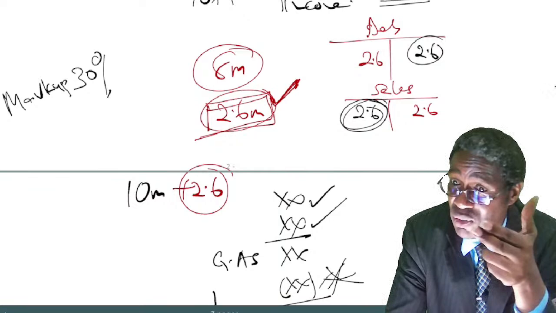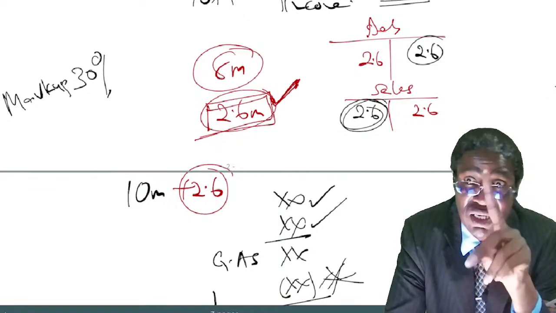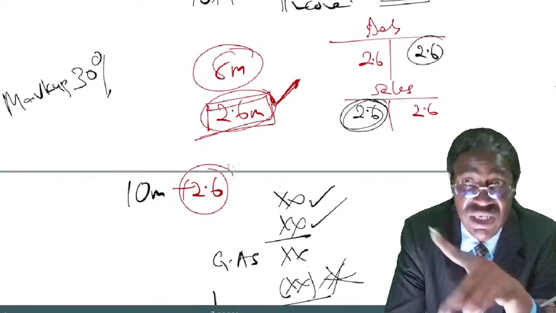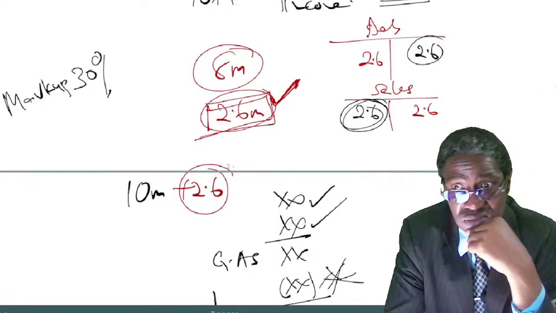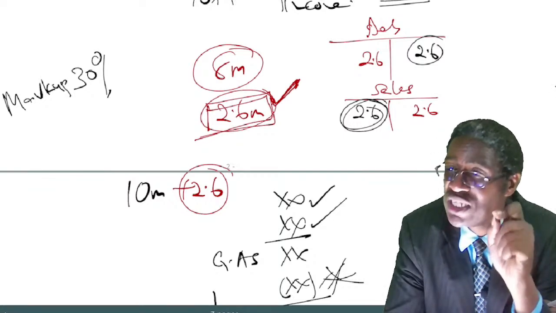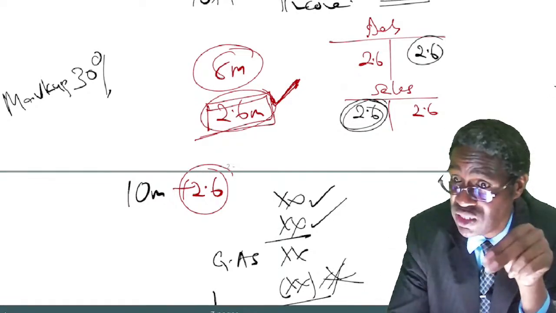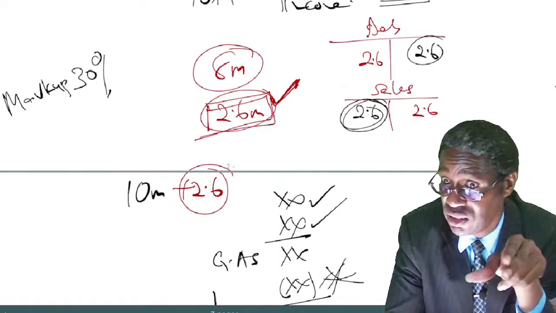So what the examiner wanted you to do is to reverse the entry, which I've done. I've debited sales, credited debtors.